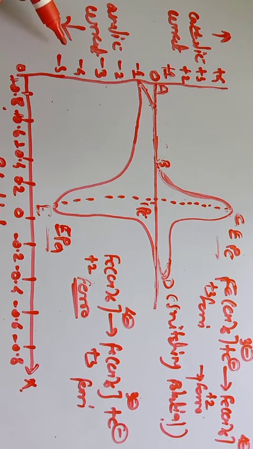So during the scan from positive to negative, the species undergo reduction and we get a cathodic current. That is, we get a peak known as the cathodic peak current. Similarly, when we switch the potential, we get the anodic peak current, which is just the reverse of the cathodic current.